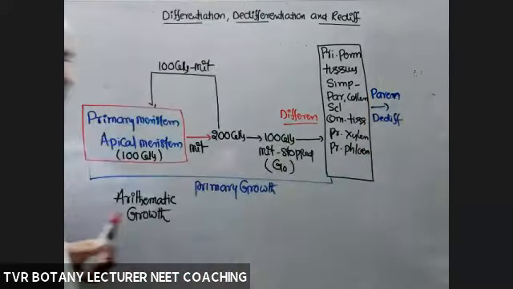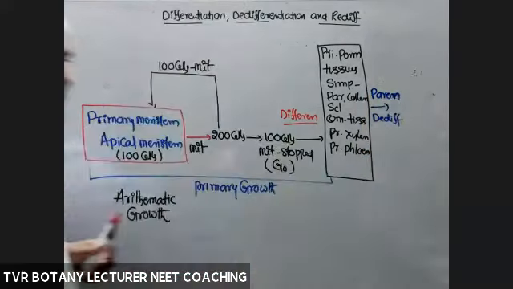Formation of secondary meristems. What are the secondary meristems? One, interfascicular cambium and phellogen. Regaining of mitotic ability. Okay, right?